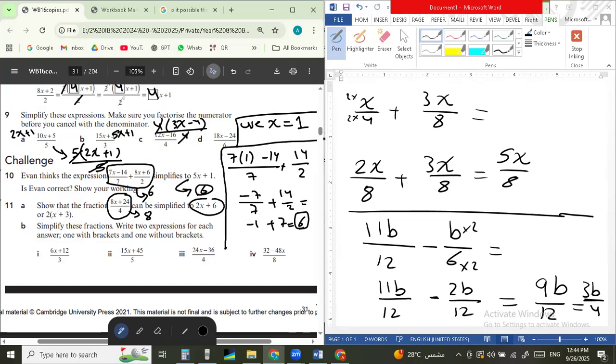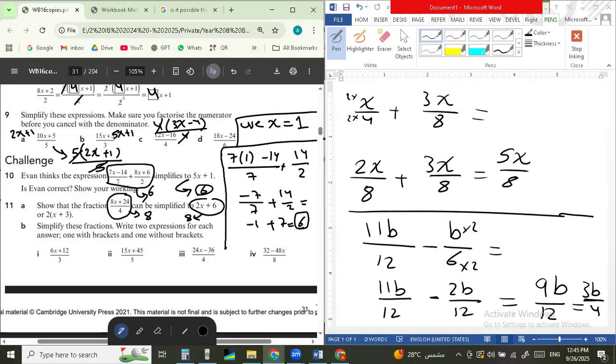And here, if you substitute x for 1, 2 times 1 is 2, plus 6 equals 8. They are the same answer. So to show that they are equivalent, just replace x with 1 and see if they give you the same value.